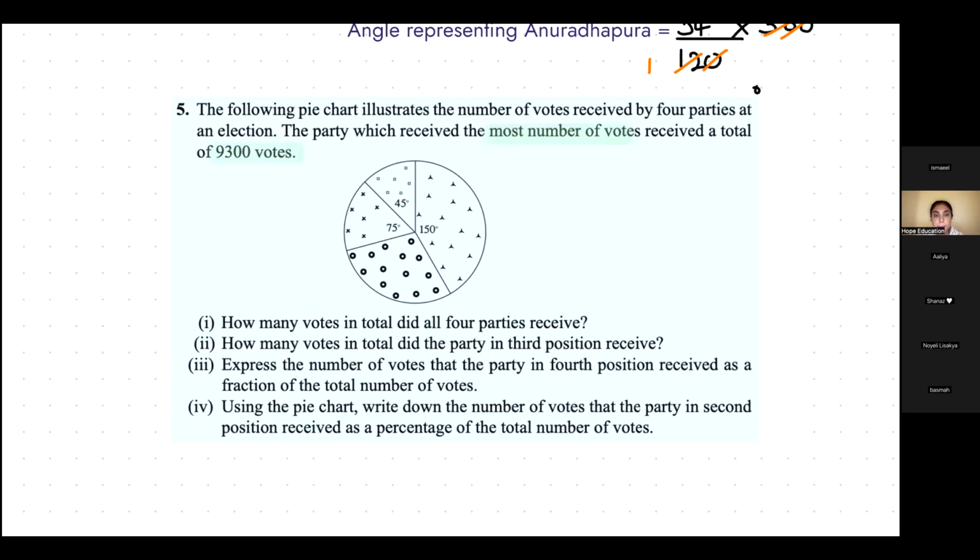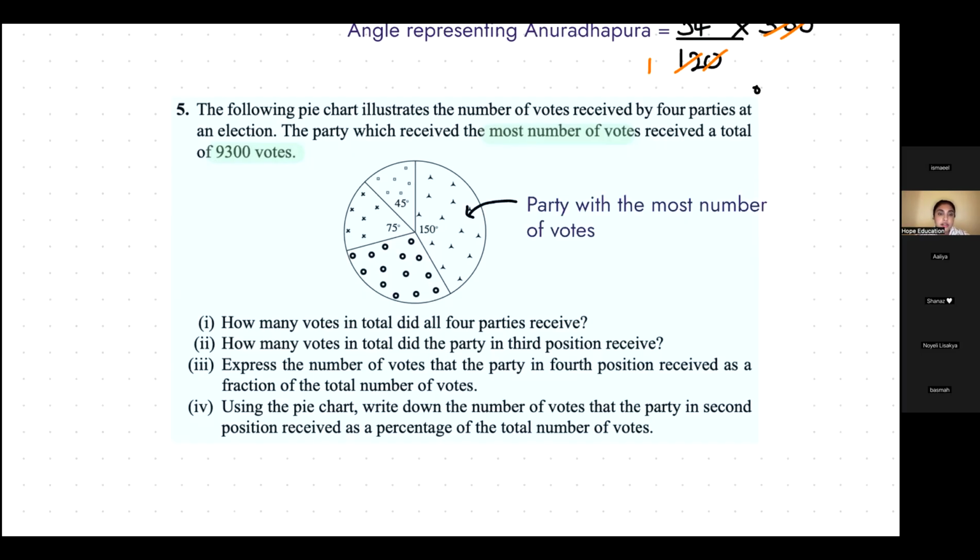That is the bigger sector of the circle. So this is the party with the most number of votes. Just because that information was there, I'll just mark it. I don't know whether I will need it or not, but since I saw it, I just mark it.